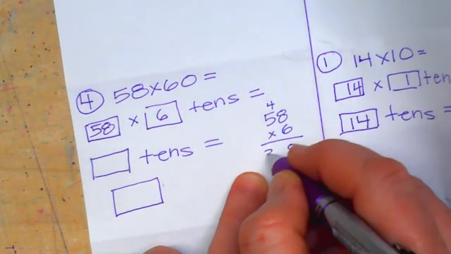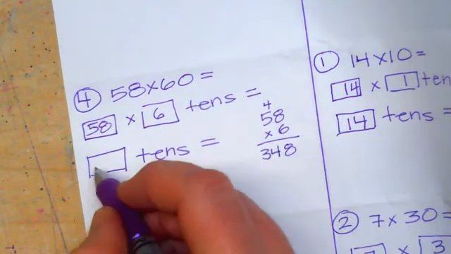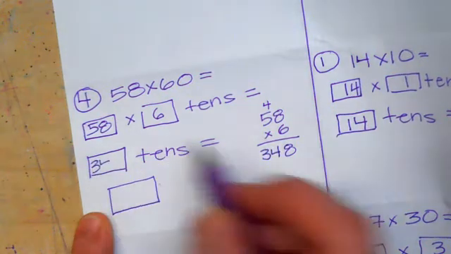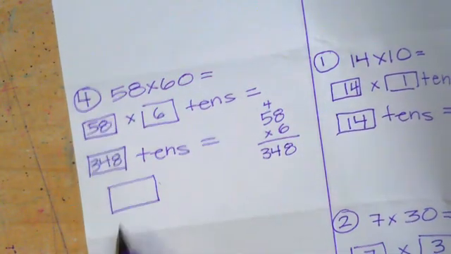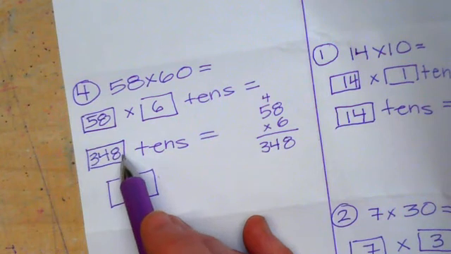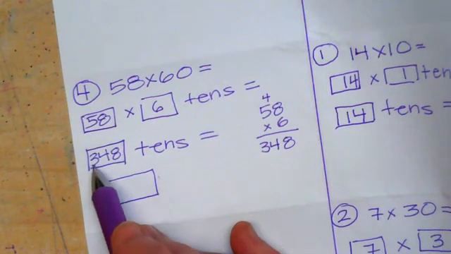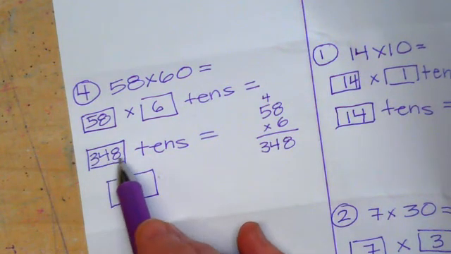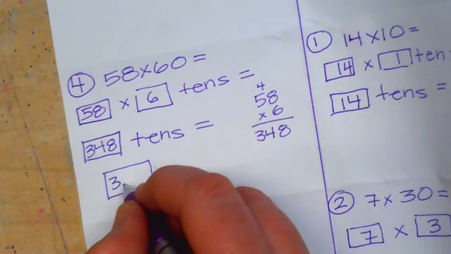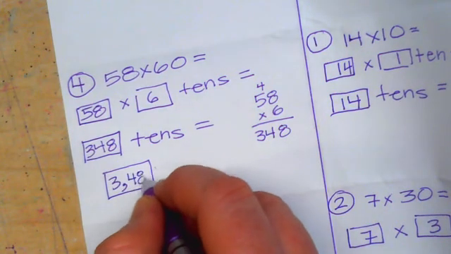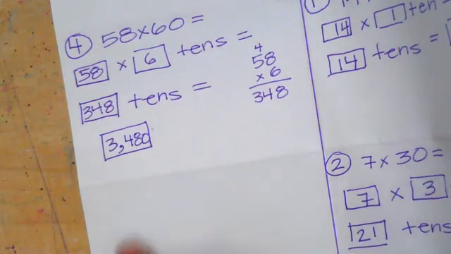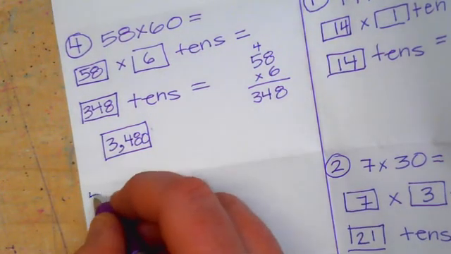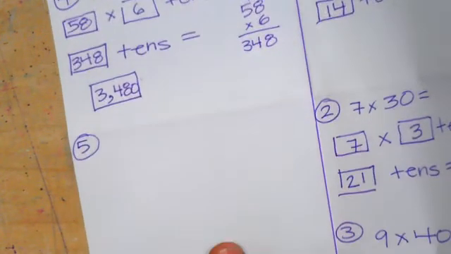So that's going to look like this. And this is going to look like this. So I end up with 348 tens. Now, if I'm going to make those into ones, I have to put a 0 on the end, right? So it's going to be 3,480 ones. Make sense? Clear as mud?